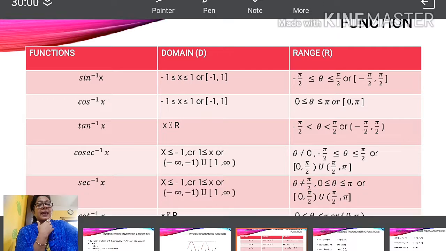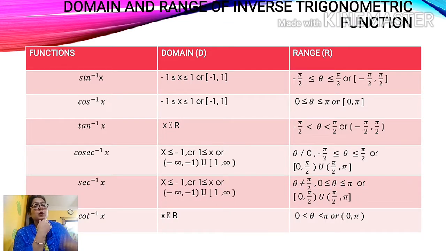Sine inverse x, its domain is minus 1 to plus 1 and its range is minus pi by 2 to plus pi by 2. In the same way, cos inverse, its domain is minus 1 to plus 1 and its range is defined between 0 to pi.